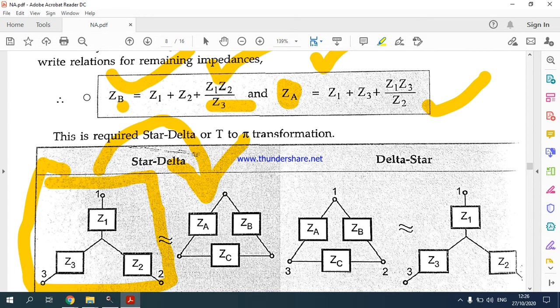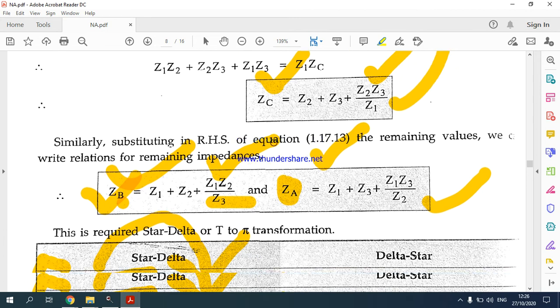Similarly, if you want to get ZB from this star, then what you do? Z1 plus Z2 plus Z1 into Z2 divided by Z3. Similarly, they have written for ZC.